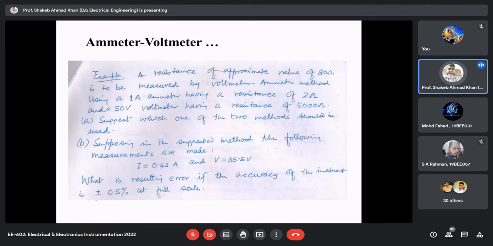So suppose it is mentioned as plus minus 0.5% of true value. It is very difficult to write here with the mouse.